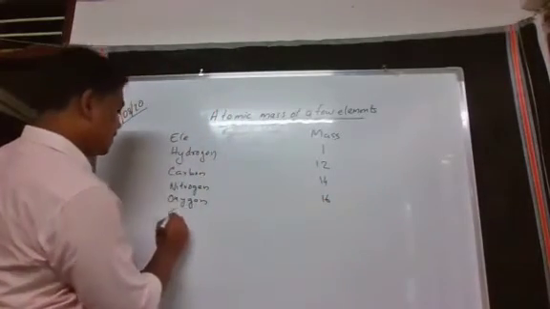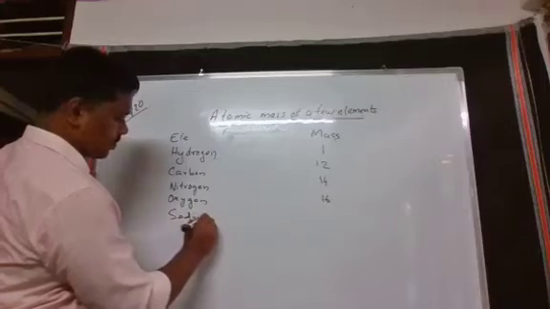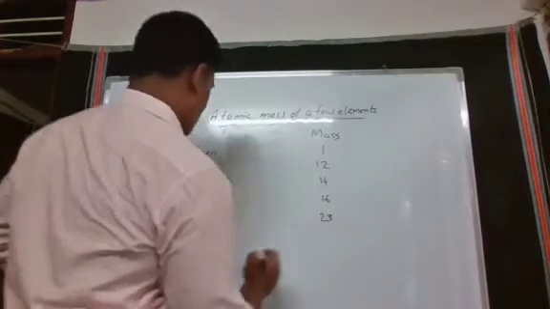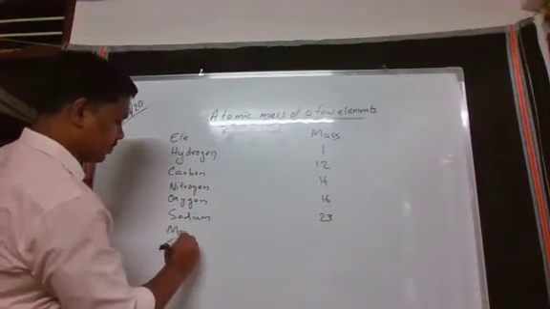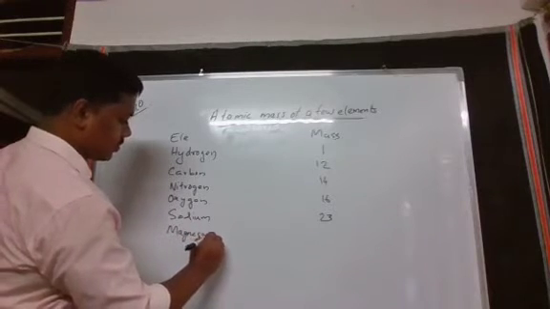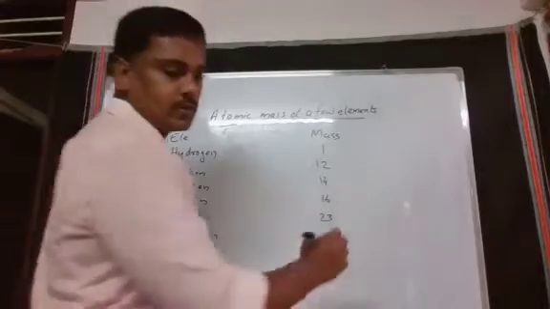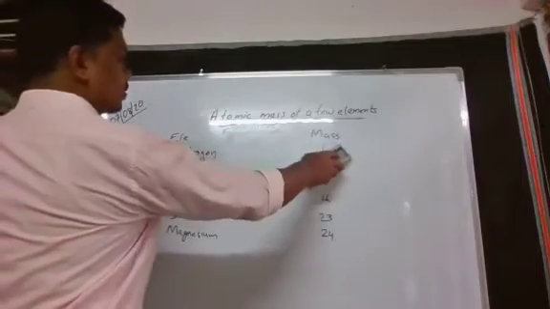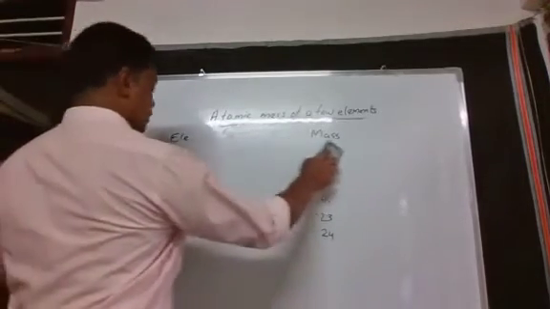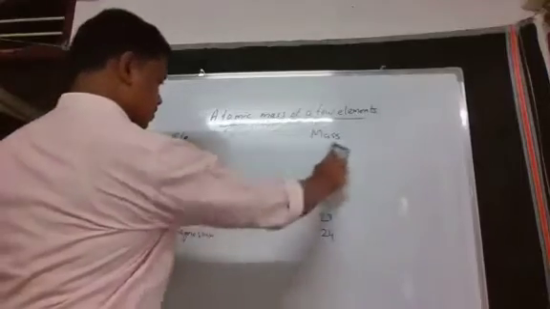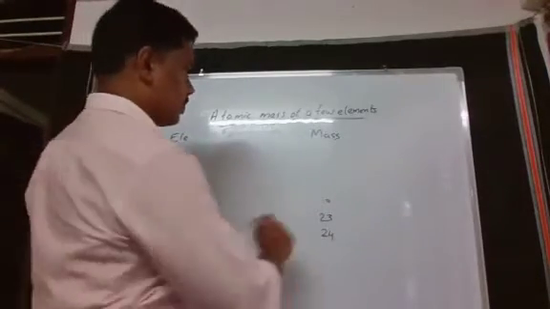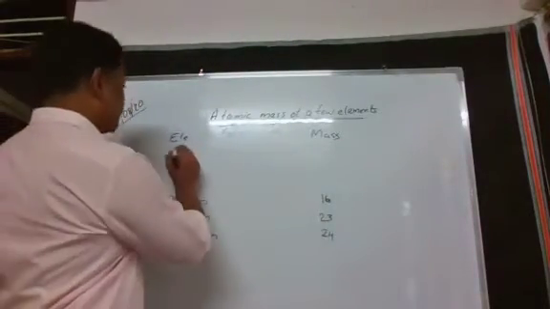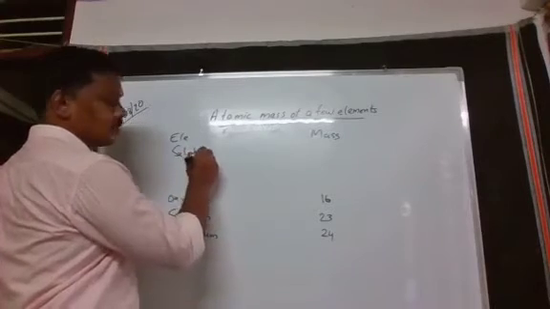Sodium, the atomic mass is 23. Magnesium, the atomic mass is 24. Sulfur, 32.